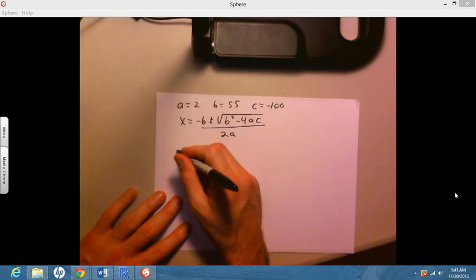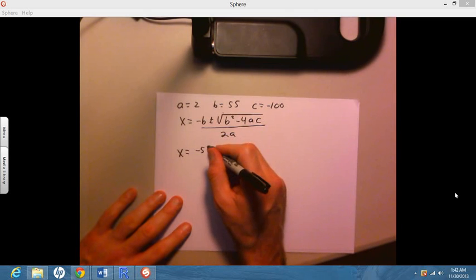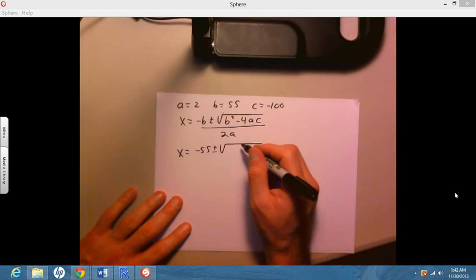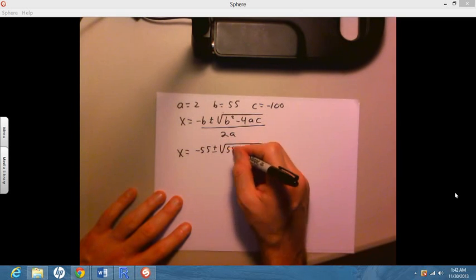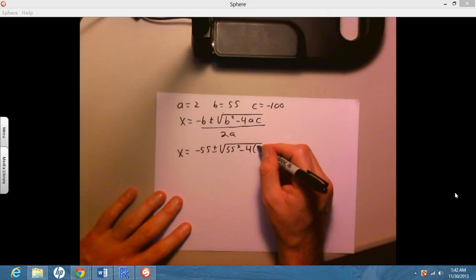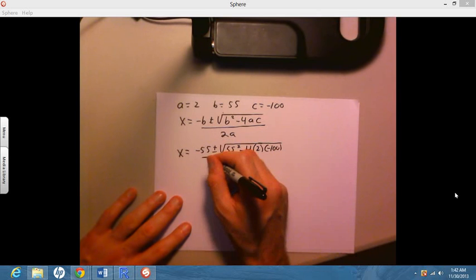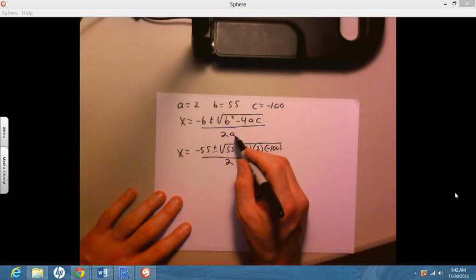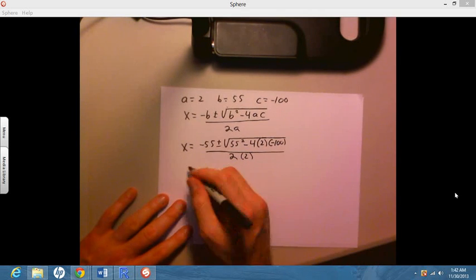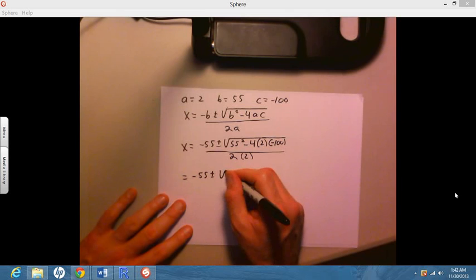So x is equal to, b is 55, so negative b is negative 55, plus or minus the square root of b is 55, so this is 55 squared, minus 4 times a is 2 times c is negative 100, all divided by 2 times a, but a is 2. So I can simplify this. This is going to be equal to negative 55 plus or minus the square root of, well, what's 55 squared?